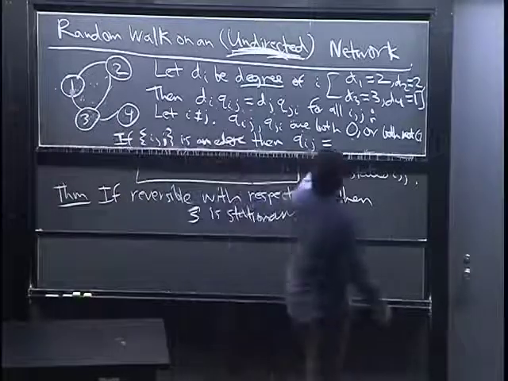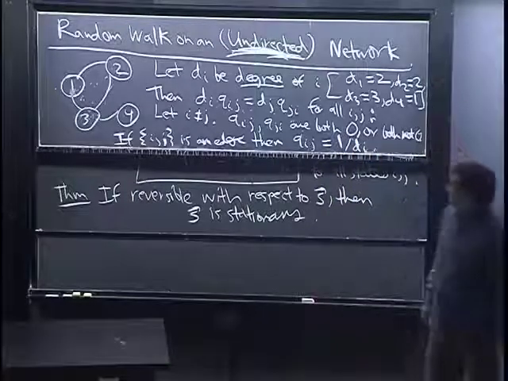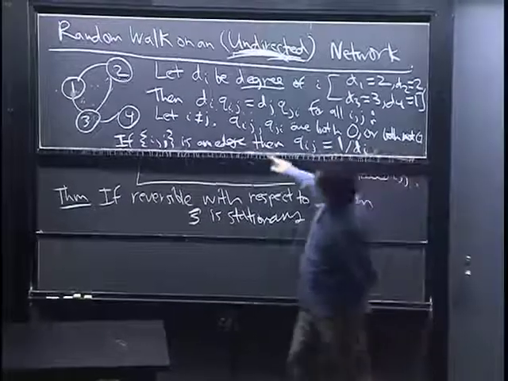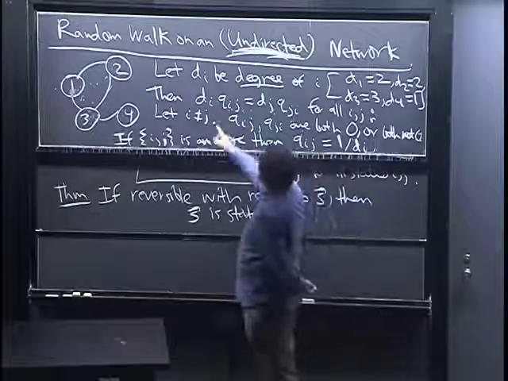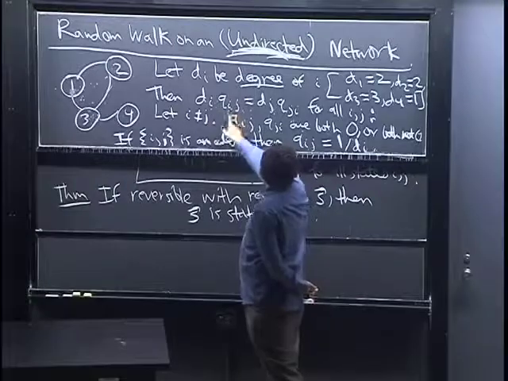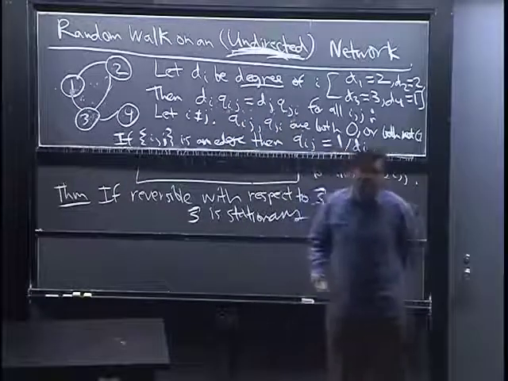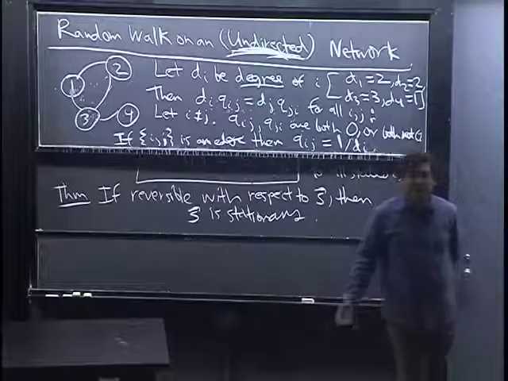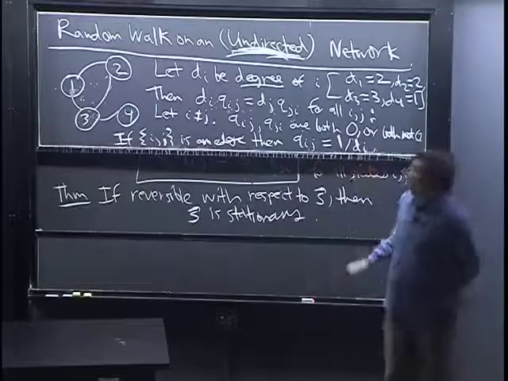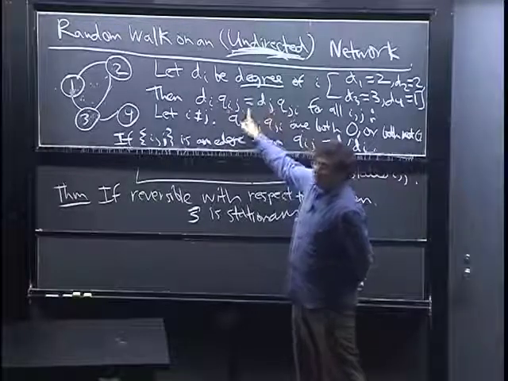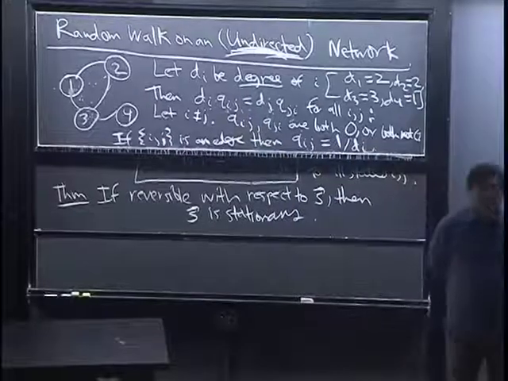So this is just 1 over d_i. In the case where both sides are non-zero, this becomes d_i times 1 over d_i equals d_j times 1 over d_j. That's true, it just says 1 equals 1. Because q_ij is 1 over d_i in the non-zero case, you plug that in and see that this is always true for all states, which is what we're trying to show.